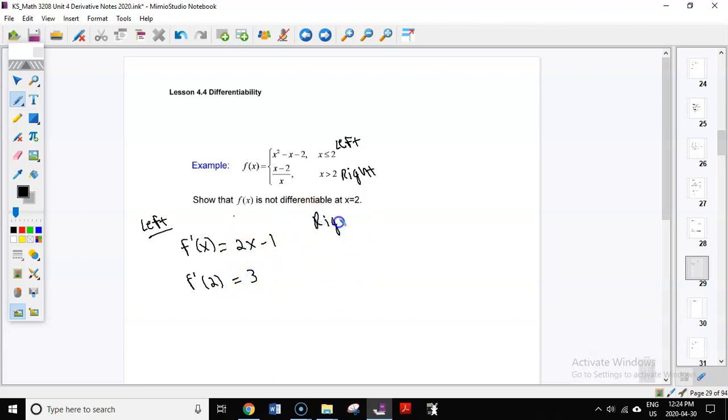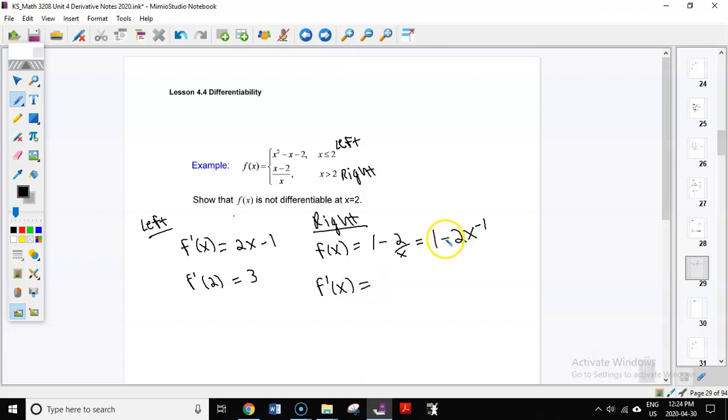The right side, we would do the derivative again. Now we could use quotient rule, or we could simplify, and that's what I'd like to do when there's only one term on the bottom. We would get f of x equals 1 minus 2 over x, which is equal to 1 minus 2x to the negative 1. Now we do the derivative.